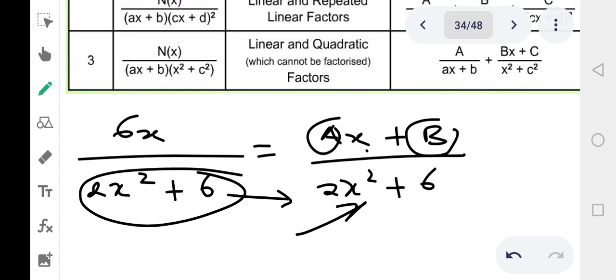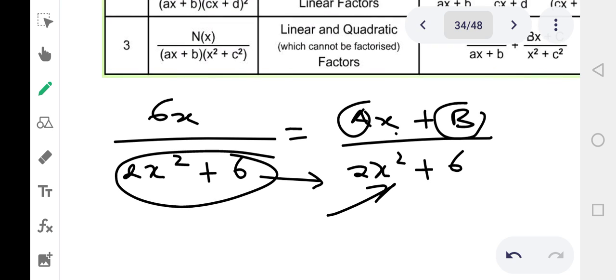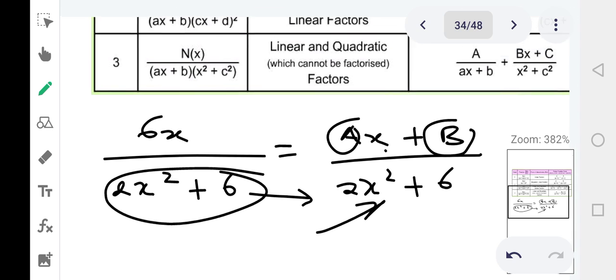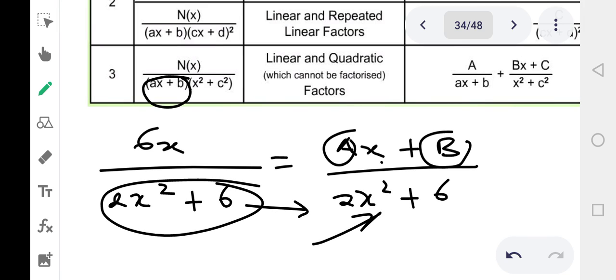Okay. So in a case whereby we have got a linear factor, like in this case, if you have got a linear factor like that, you should start with A over the linear factor, then plus Bx plus C. But in this case, we don't have a linear factor here. There is no linear factor here. That's why it is just ax plus b.